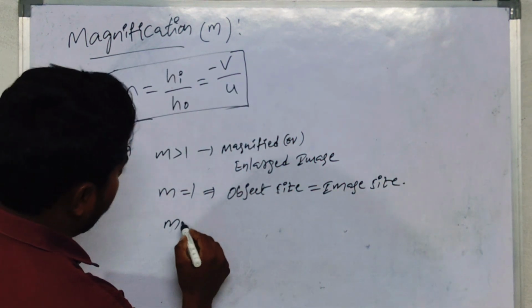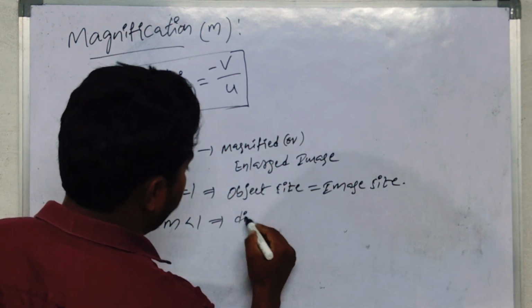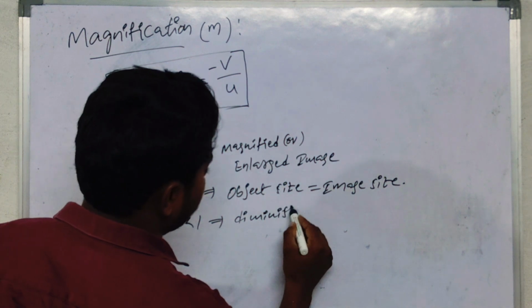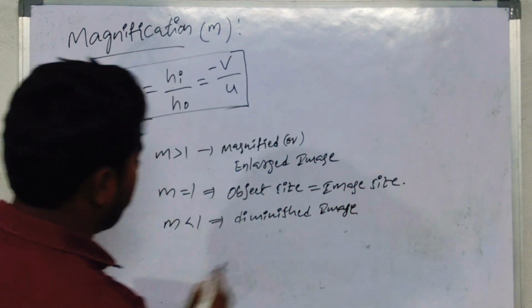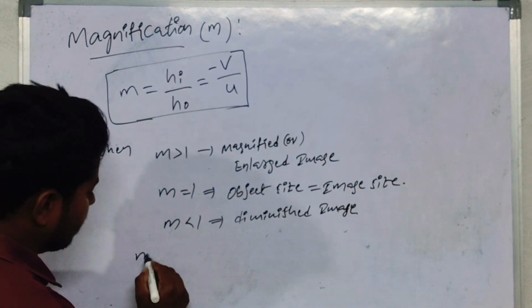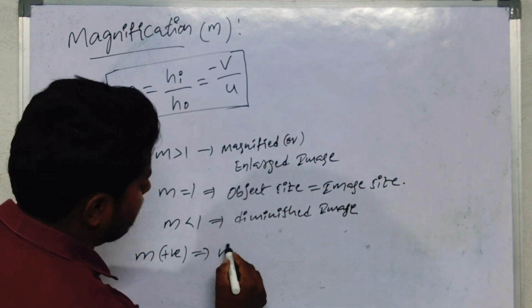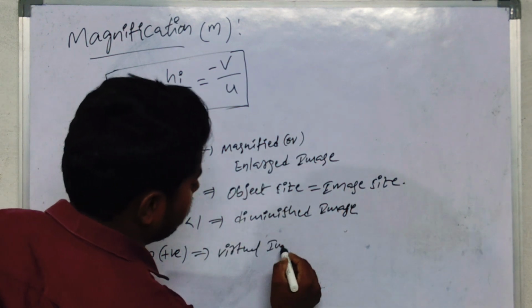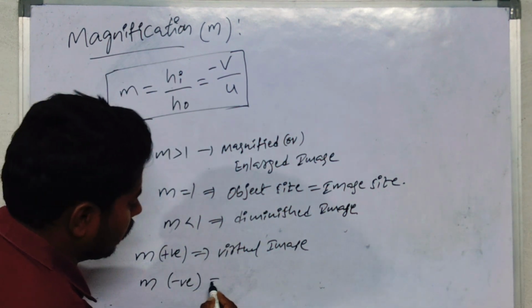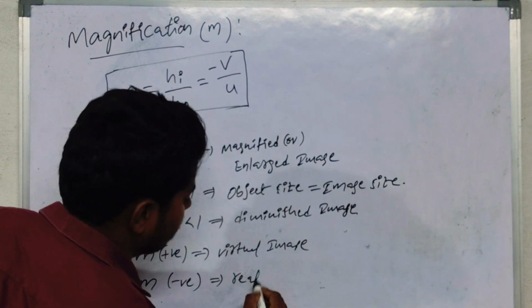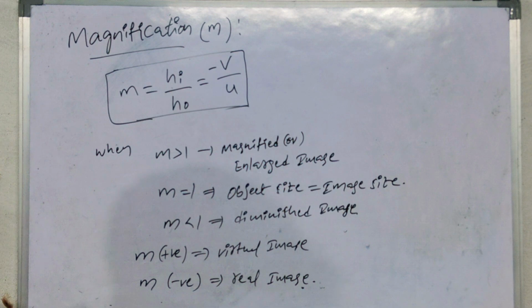When m is less than 1, then the image is diminished. When m is positive, virtual image. When m is negative, real image.